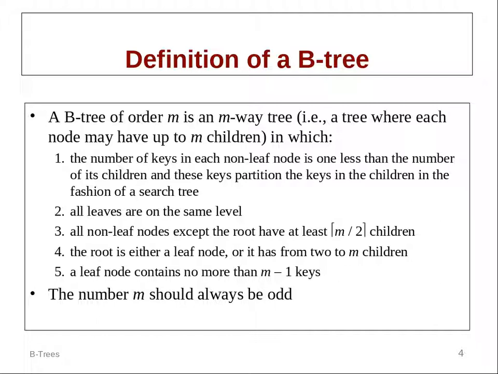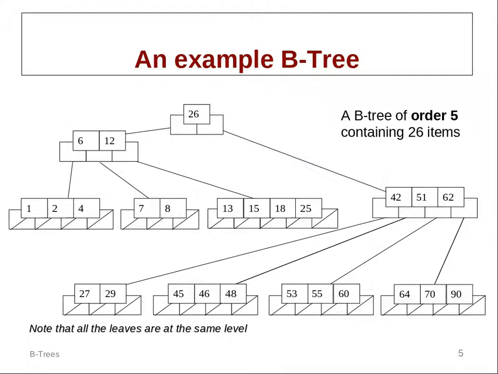In other words, the root node is a special case. A leaf node contains no more than m minus 1 keys. So once it has m keys, you have to do something. And that m should always be odd. That last point is really just to make all our lives easier. If you want to make your life miserable, you can try and make m even, and it'll make sense in a little while why that's the case, but for now, let's keep it odd.